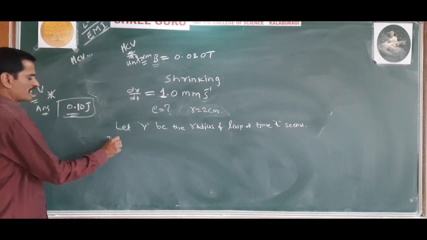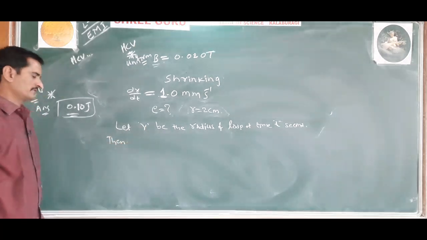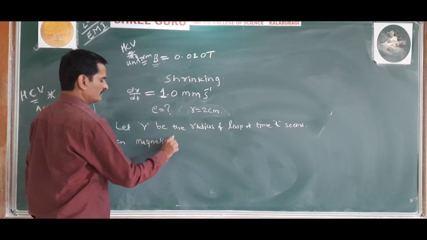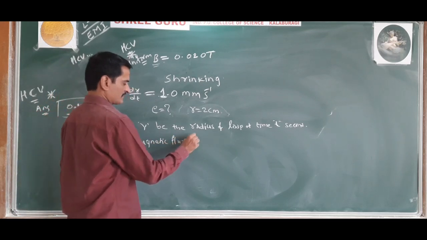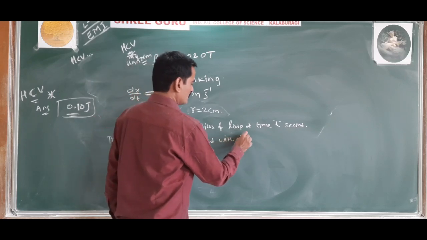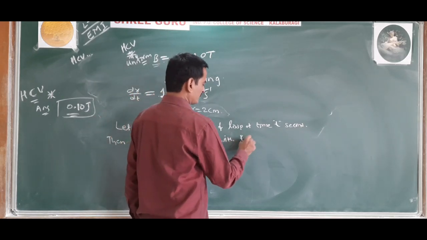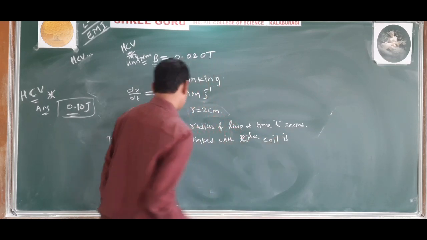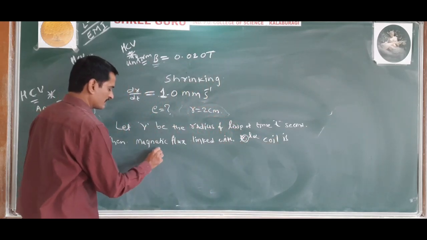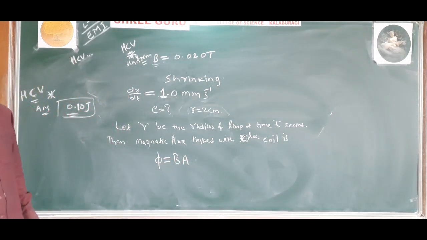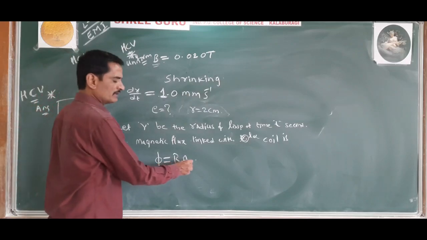Then the magnetic flux linked with the circular coil is given by phi is equal to BA, that is magnetic field into area.